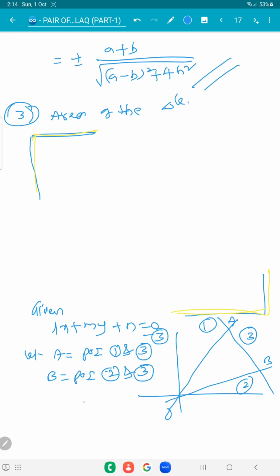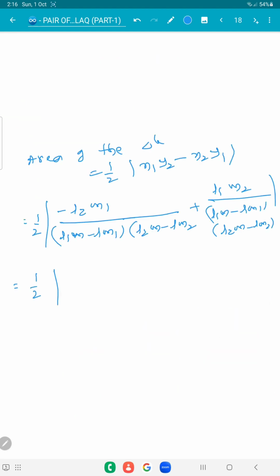A, cross multiplication method only. M1, 0, L1, M1. For this one, M, N, L, M. If you do cross multiplication, right? This one, this one, this one, this one. So N, M1. So A becomes M1 N by (L1 M minus L M1) and minus L1 N by (L1 M minus L M1).